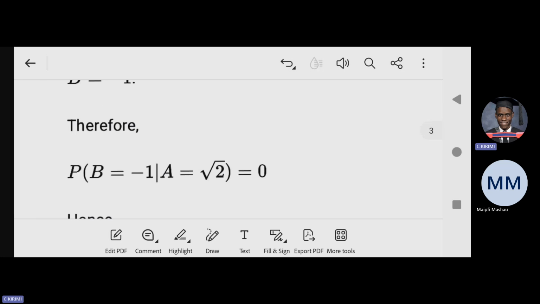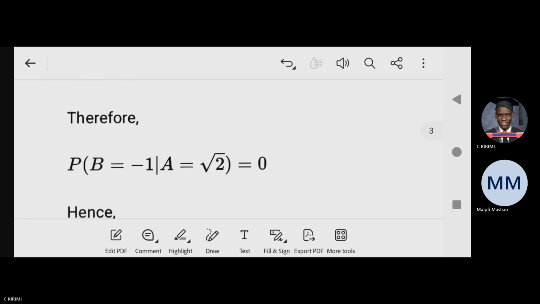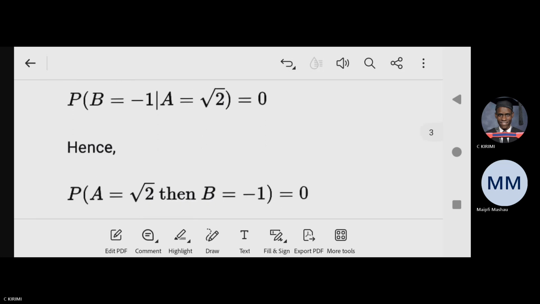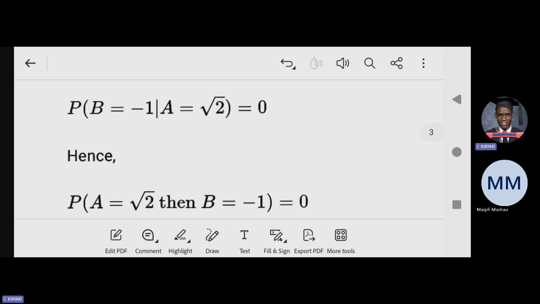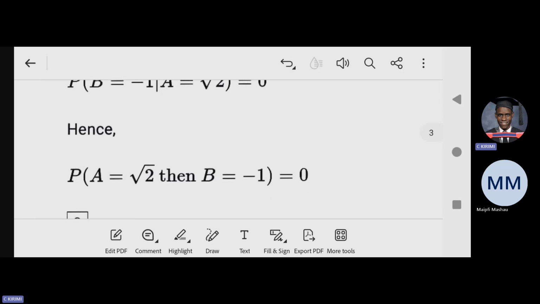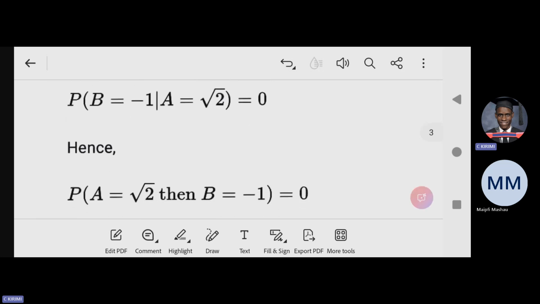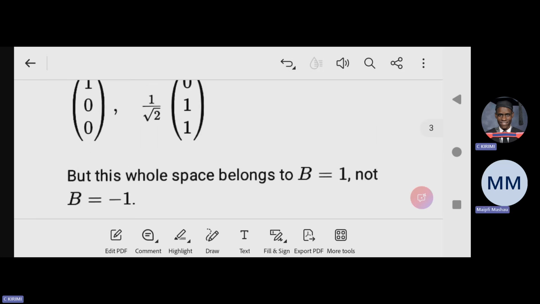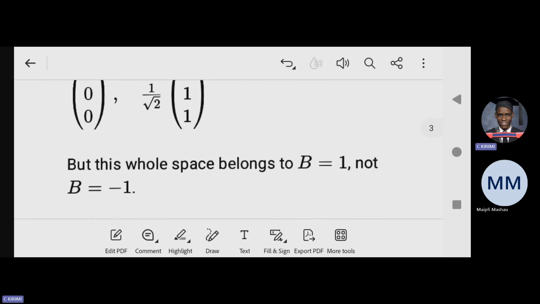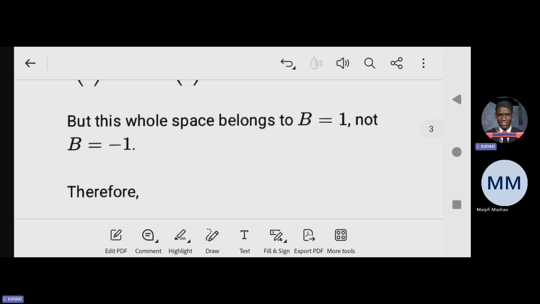A equals root of 2 is equal to 0. Hence, the probability of A root of 2, then B equals negative 1, is also equal to 0. So the probability is 0. Why? Because this space which we have is for B equals 1, not for B equals negative 1.